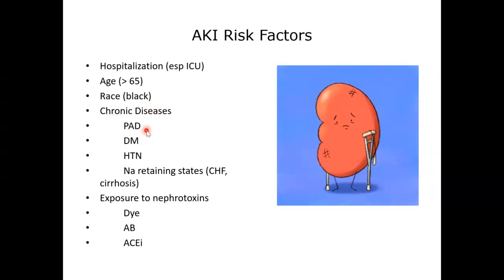Chronic diseases, so peripheral arterial disease, diabetes, hypertension, and these three things right here all have something in common, and they all have vessel disease. Peripheral vascular disease, their vessels are garbage.